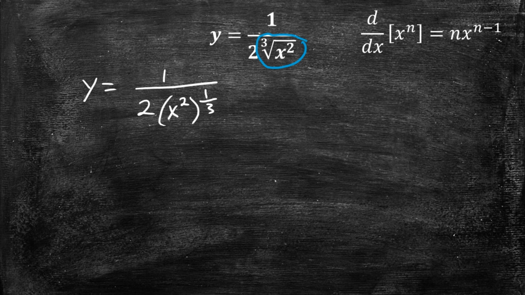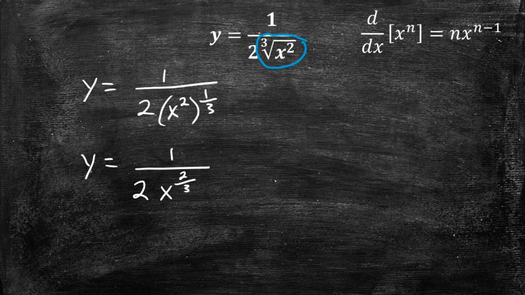All right, since that is a cubic root there. And now with our laws of exponents and stuff like that, we can simplify this a bit, which is y is equal to 1 over 2x to the 2 over 3. All right, so when an exponent is raised by another exponent, you multiply those.